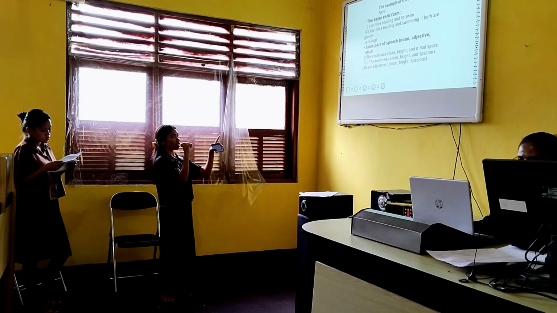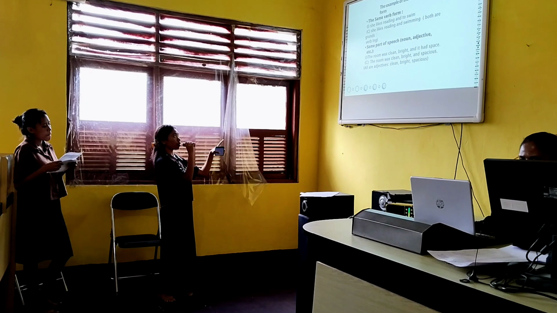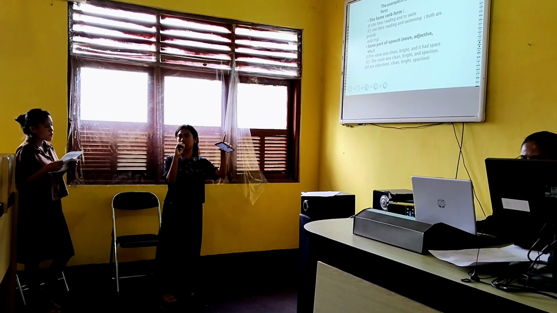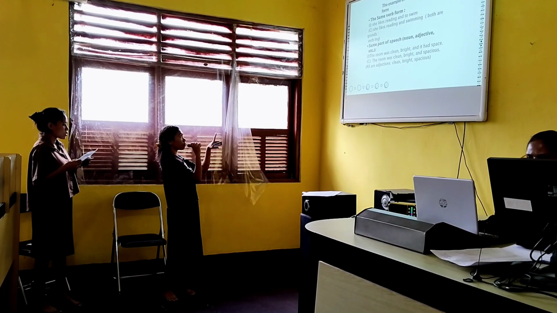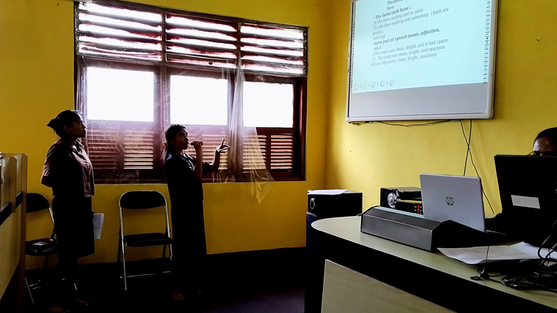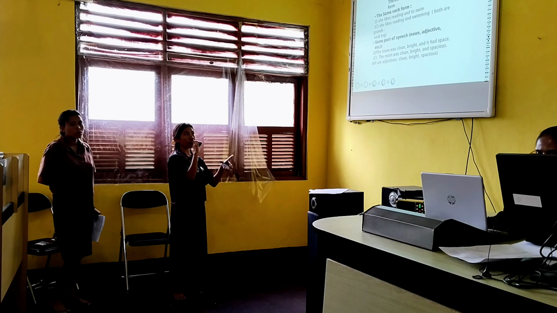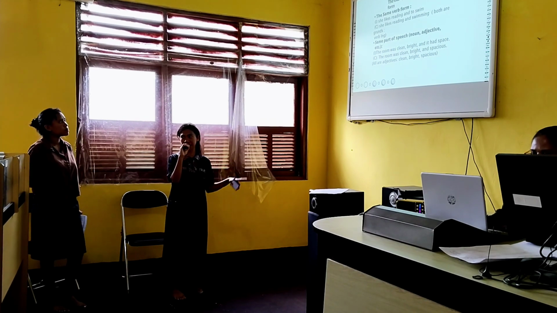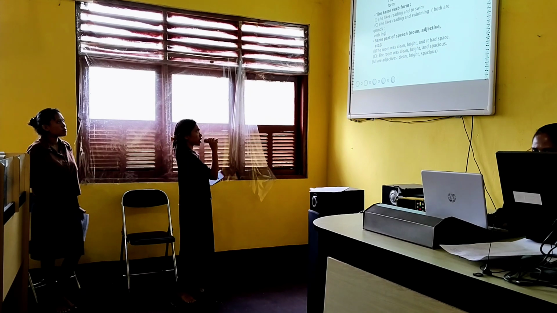'It had space' is a clause, a full sentence. So the sentence is not in parallel form. The correct one is 'The room was clean, bright, and spacious.' So all of the words are adjectives, and we can say it is parallel, using the same grammatical form.